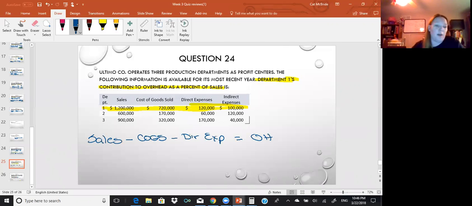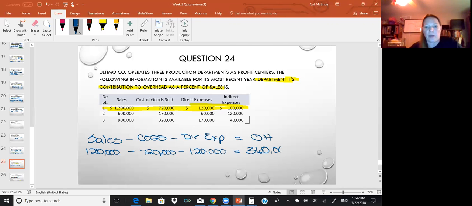So sales of 1,200,000 minus cost of goods sold of 720,000 minus direct expenses of 120,000 equals 360,000 to go to overhead.